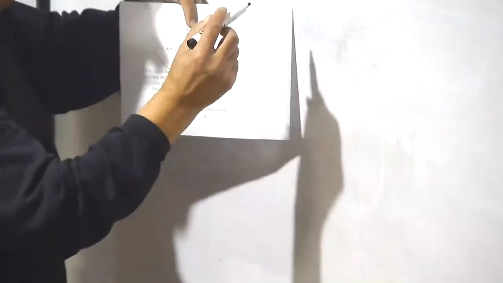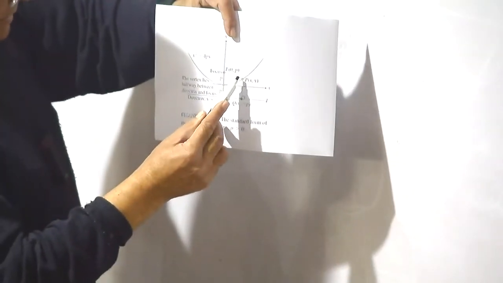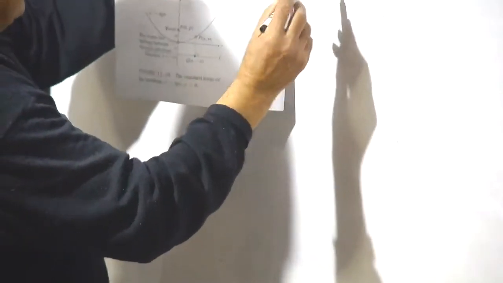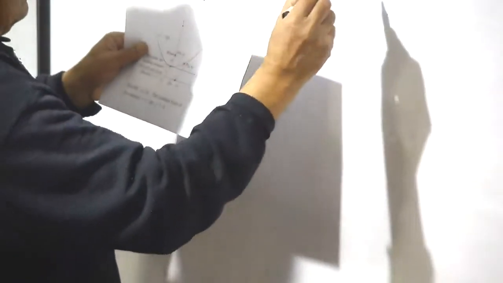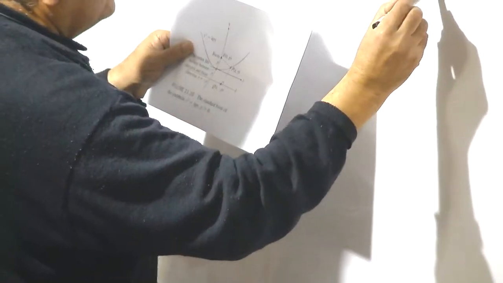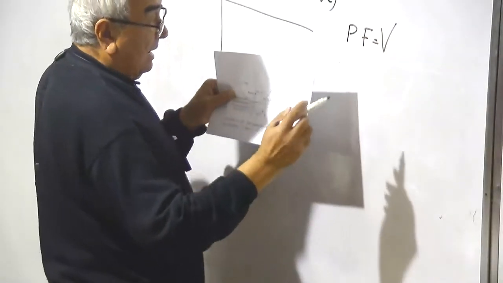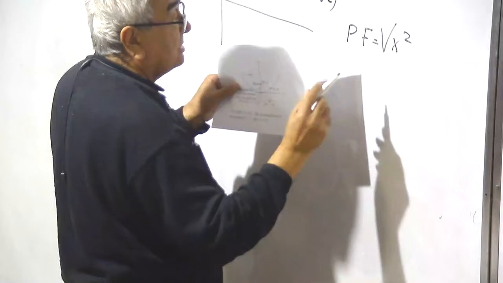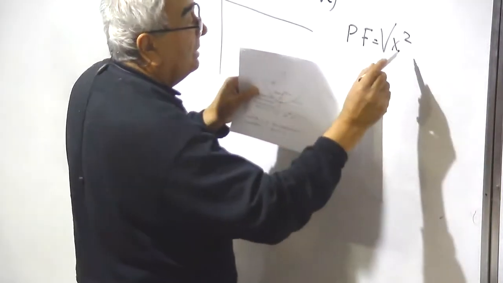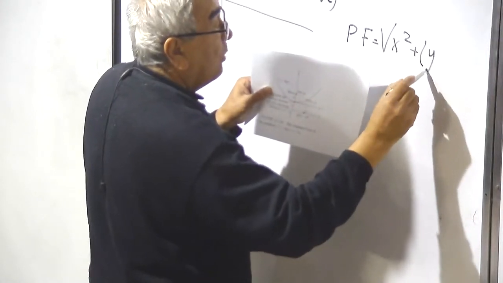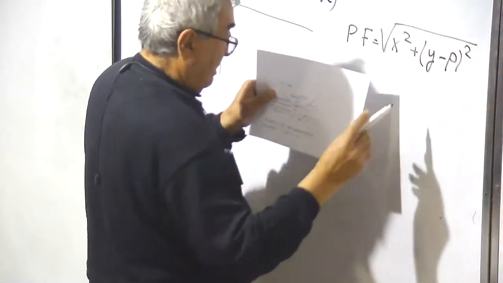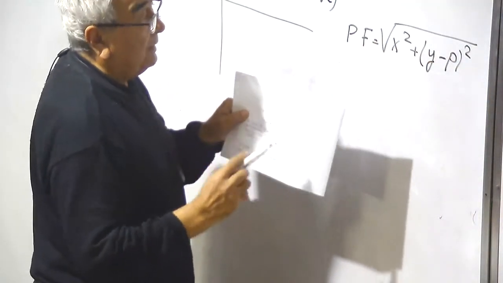Therefore, I will write initially the distance from this to this. The distance PF should be equal to the square root of x squared, because the F point has the x coordinate equal to 0, plus (y minus p) squared, because the y coordinate is equal to p.